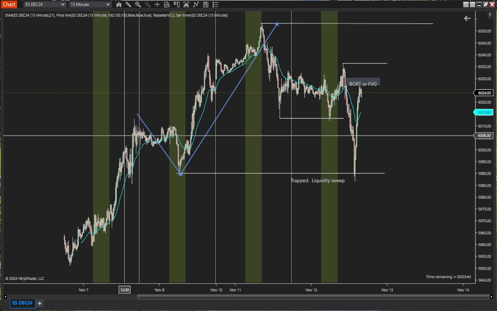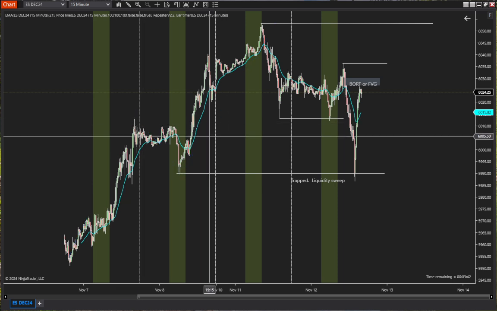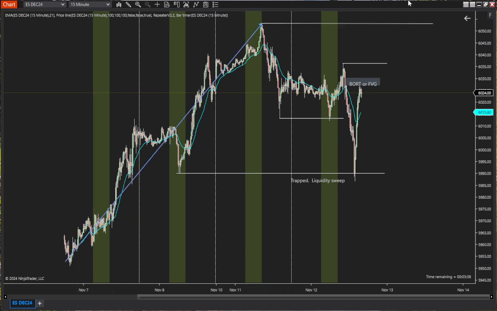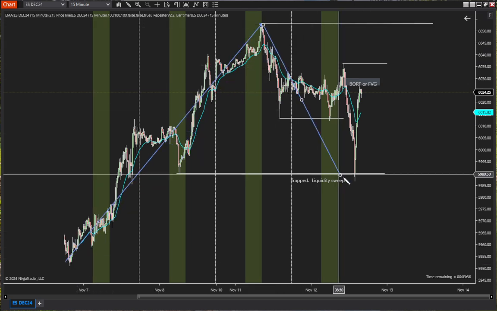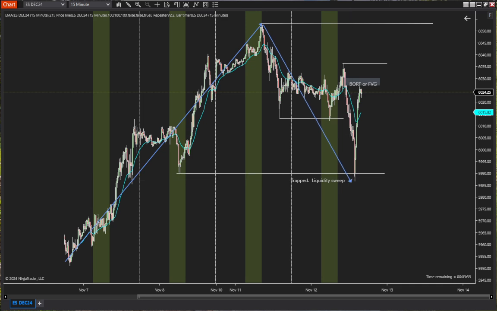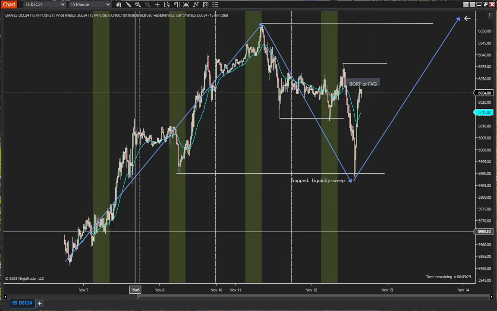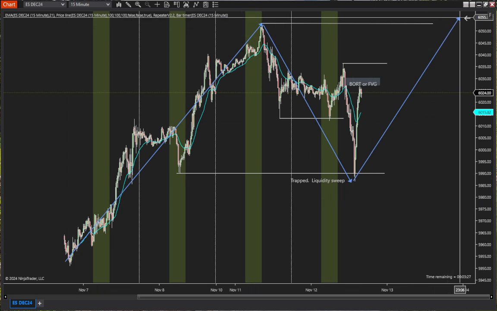No. Markets trade off of higher time frame structure as well. So this very well could be a higher time frame structure forming right now. Not saying it is, but this could be a higher time frame structure.